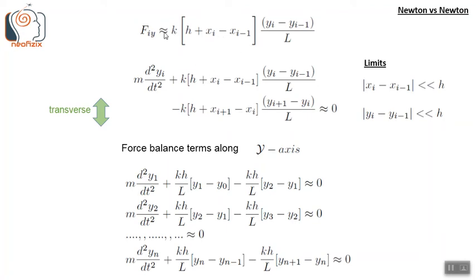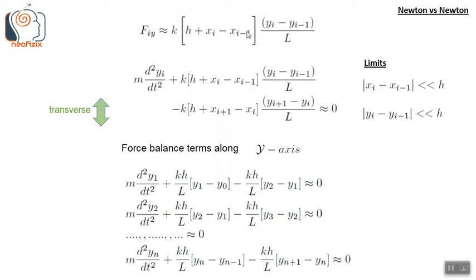Using this force approximation, this is for the y-axis, Fiy, the y component of the force of the ith spring, we get the y acceleration of the ith mass as this. Because of the sine function, we have got this extra yi−1 divided by L factor. And we know within this bracket, xi−1 is much smaller than h.